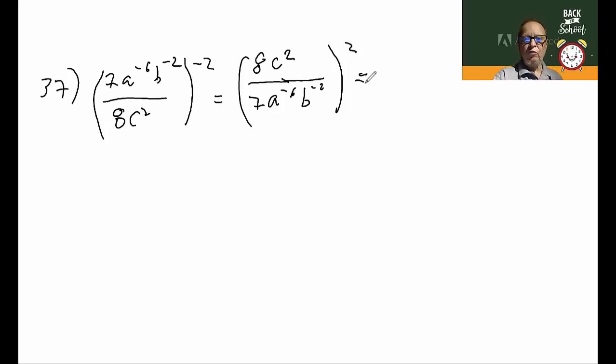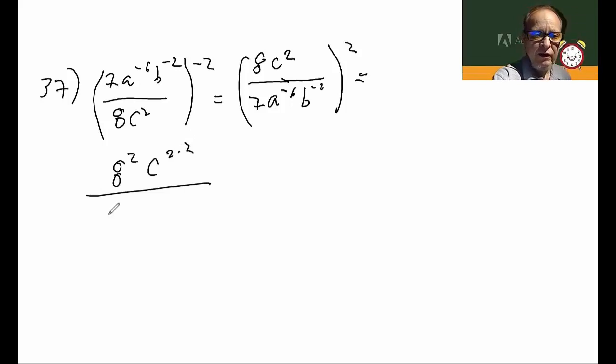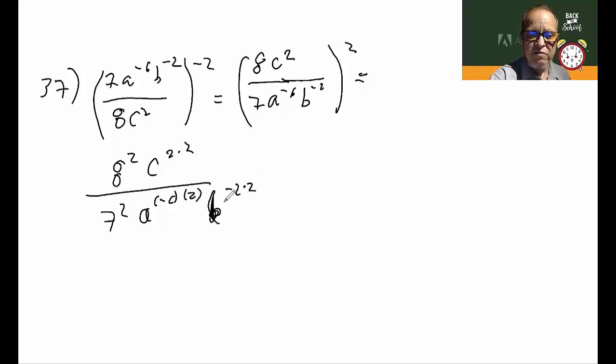Then I again will use my power rule, and I will go 8 squared c 2 times 2 divided by 7 squared a to the negative 6 times 2, b to the negative 2 times 2, and that I will get 8 squared c to the 4th over 7 squared.